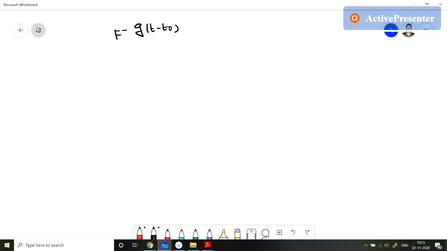The Fourier transform of g(t minus t naught) is equal to the integral from minus infinity to plus infinity of g(t minus t naught) exponential minus j 2 pi f t dt. This is the definition of the Fourier transform.